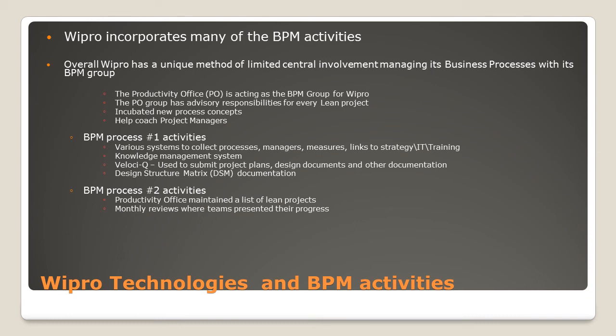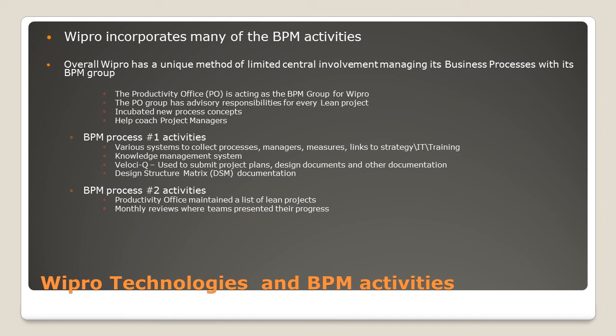An example of the activities found in Process 1: various systems are used to collect processes, managers, measures, links to strategy, IT, and training. We hear mention of a knowledge management system, as well as another system called VelociQ, which was used to submit project plans, design documents, and other documentation.